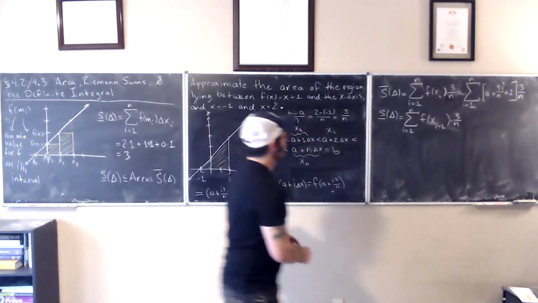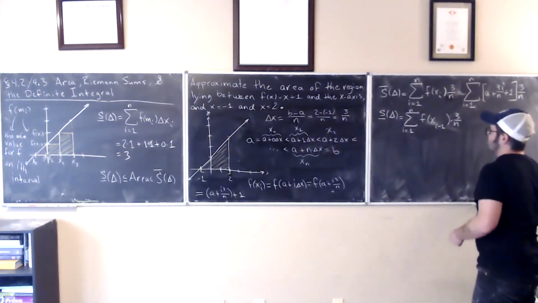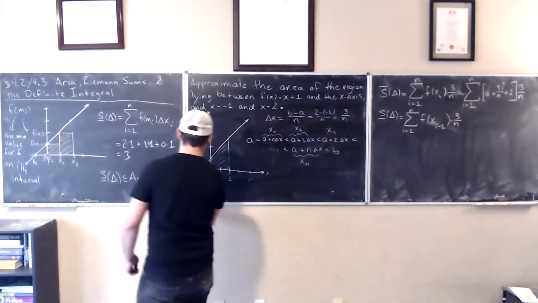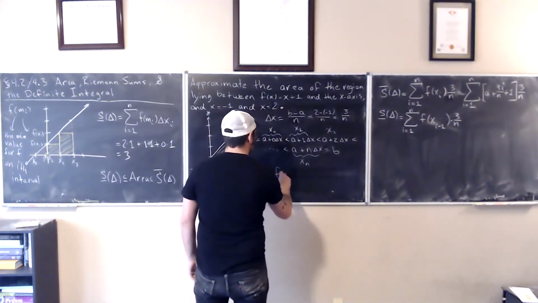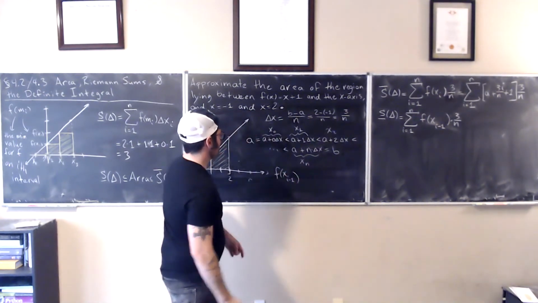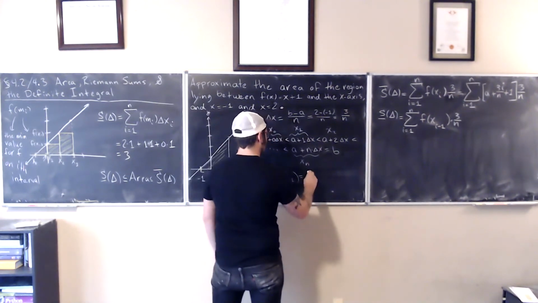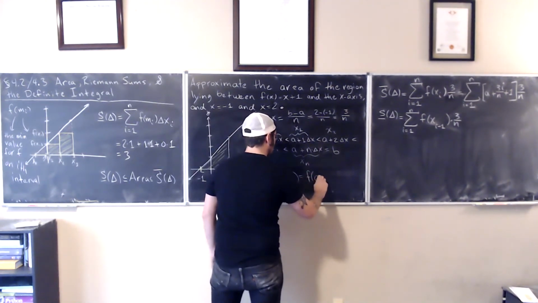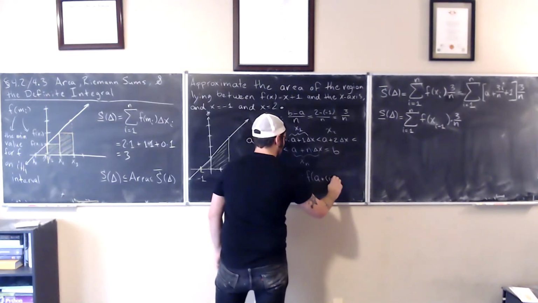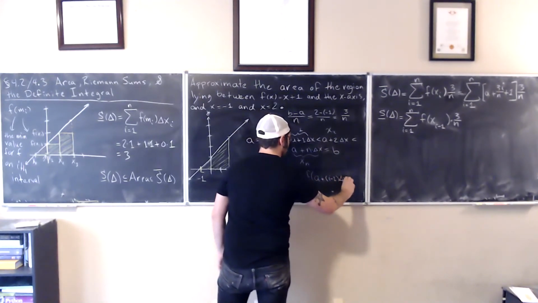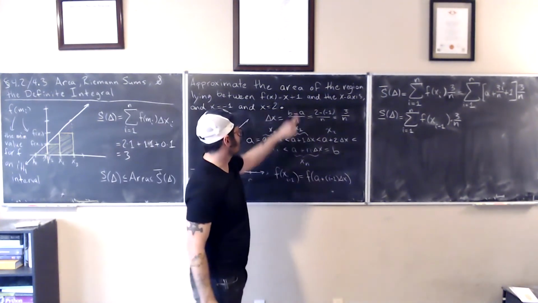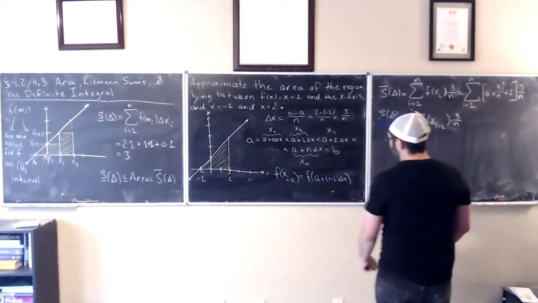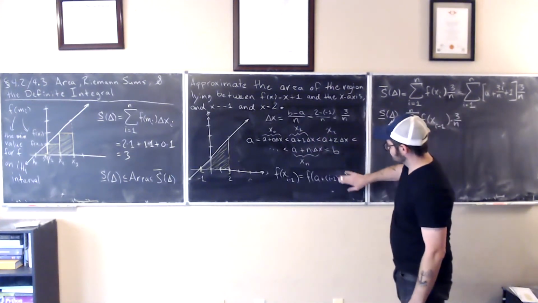Right. Okay, so what about that? What's f of x i minus 1? Well, f of x i minus 1 is just f of a plus i minus 1 times your change in x. So you just take that, you plug it in there. Well, your change in x is 3 over n.